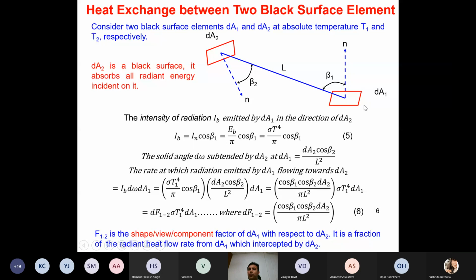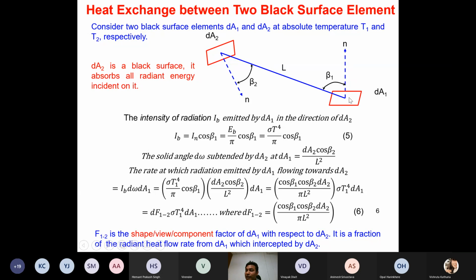That is going to give me the total amount of radiation emitted by dA1 in the direction of dA2. This phrase is very important: in the direction of dA2. So in this case, first we have to find out the solid angle. Now what solid angle? The solid angle subtended by dA2 at dA1. These words are very important here. The solid angle subtended by dA2 at dA1, that we have to find out.